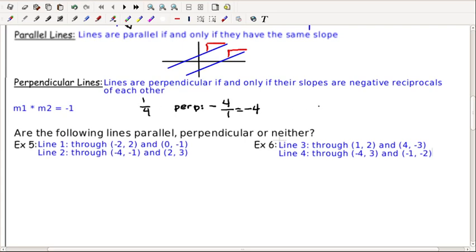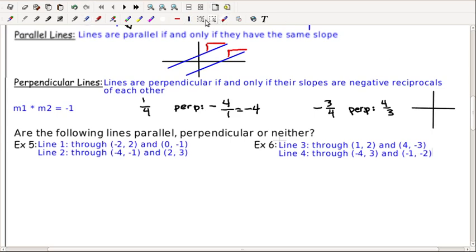If I have my original slope as negative 3/4, then my perpendicular slope, flip the fraction over, 4 over 3, and make it positive. So the opposite of a negative is a positive. So a negative 3/4 has a perpendicular slope of 4/3. And just a reminder that perpendicular lines cross at a right angle. That's the definition of a perpendicular line.